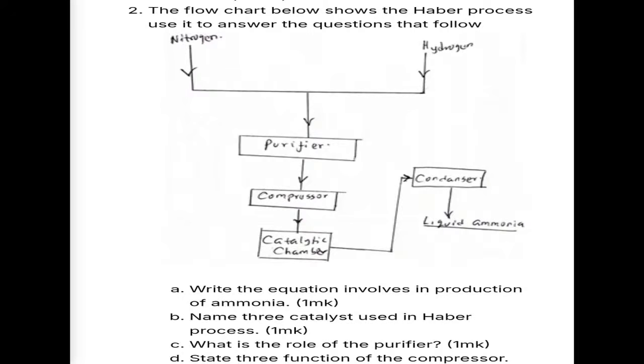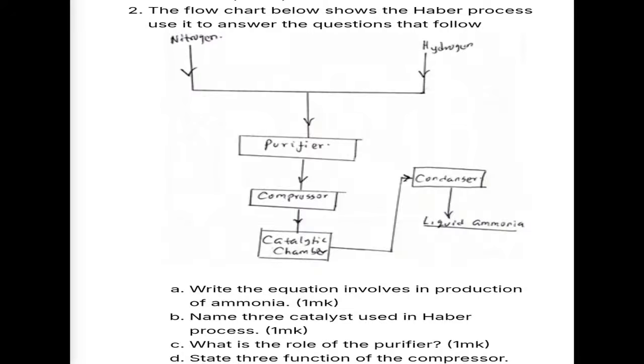So the impurities include carbon(IV) oxide, sulfur(IV) oxide, and dust particles. They are removed by the process of electrostatic precipitation, because they can otherwise poison the catalyst.